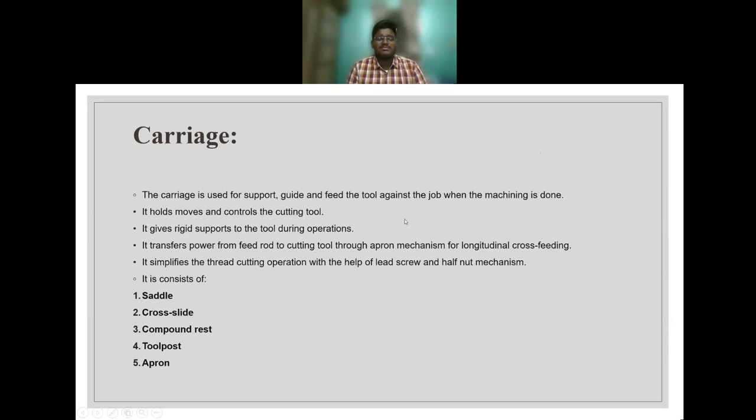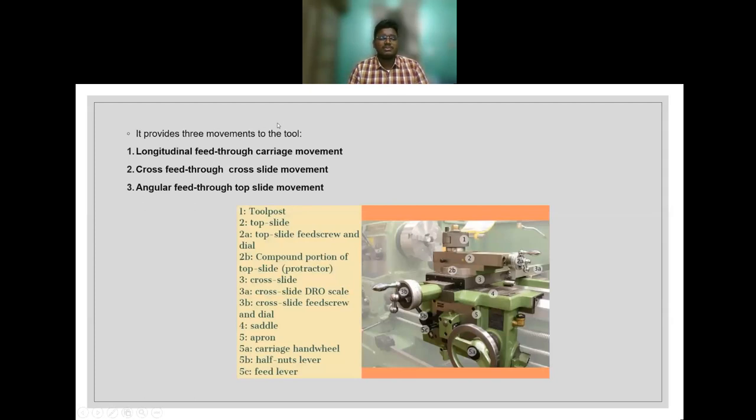It transfers power from the feed rod to the cutting tool through the apron mechanism. It simplifies the thread cutting operation with the help of the lead screw and half nut mechanism. It consists of the saddle, cross slide, compound rest, tool post and apron. It provides three movements to the tool.